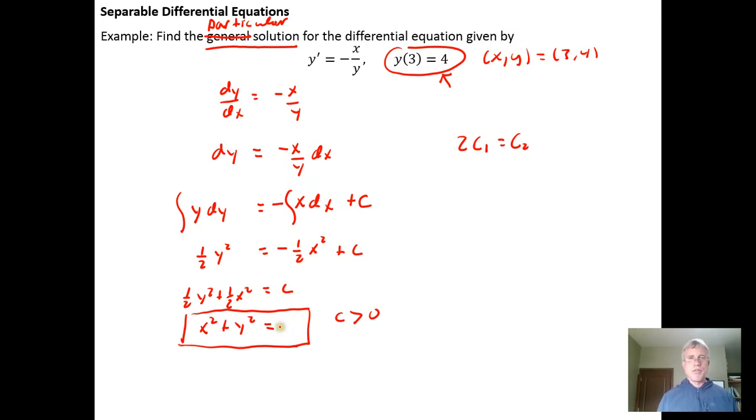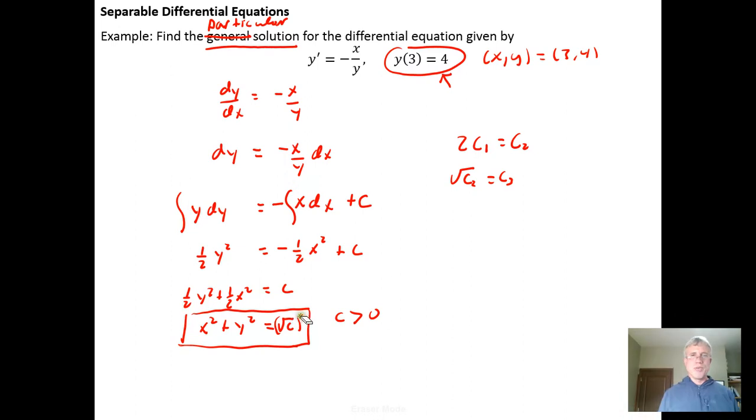So if I rewrite c as the square root of c squared, I have circles of radius square root of c. If we have twice c1 equals c2, the square root of c2 is just some constant as long as c is positive.